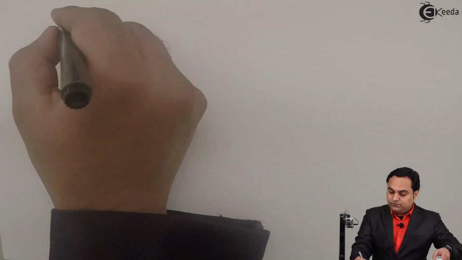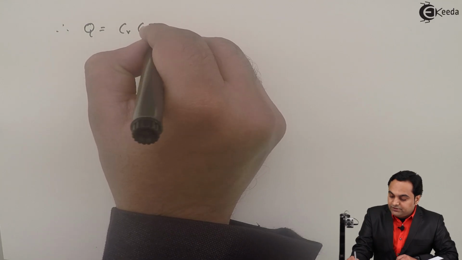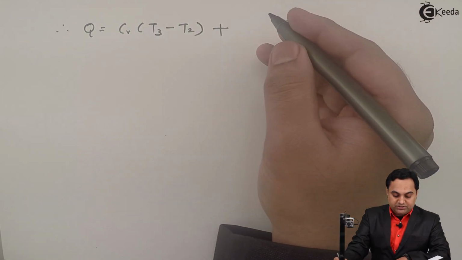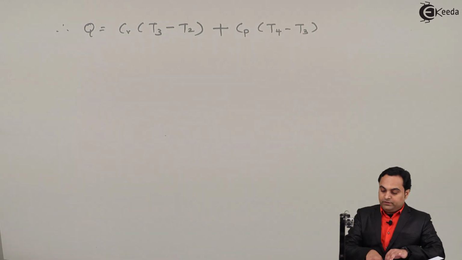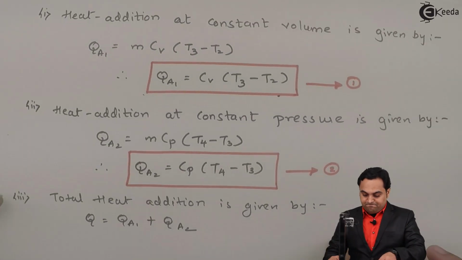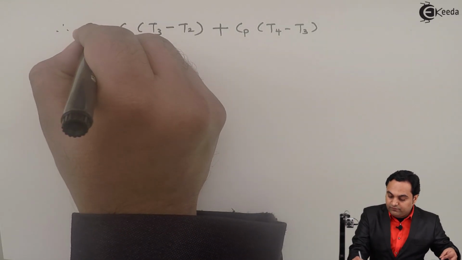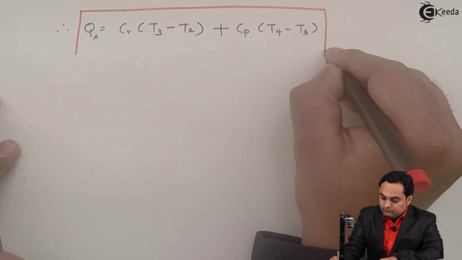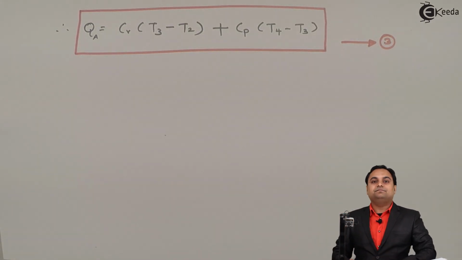Now Q is equal to QA1, which was Cv T3 minus T2, plus QA2, which was Cp T4 minus T3. Since this is the total heat addition, I'll denote it as Q suffix A. So this is the QA value. I will keep this as equation number 3.